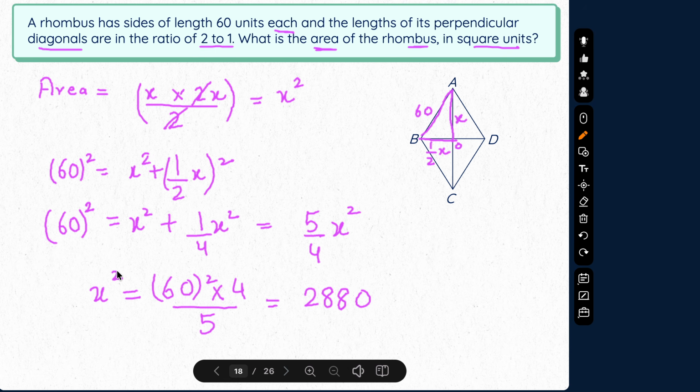Now I'm saying that this x squared is 2880, which is supposed to be the area, because initially we decided that whatever the area would be, that would be x squared, right? And now that I have solved for x squared, 2880 is the area of the rhombus in square units.